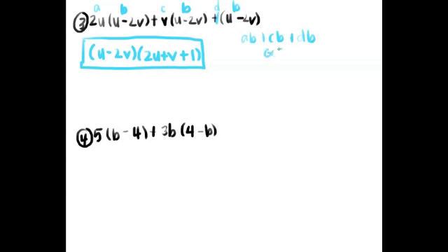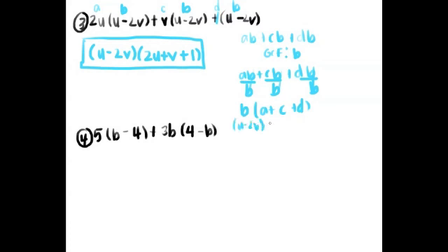GCF is B. You rewrite the original problem, divide by the GCF, so what I have is A plus C plus D left in there with the GCF on the outside. My B, we said, was u minus 2v, and then A was 2u, C was v, and D was 1. So that's how you could also get at that answer.